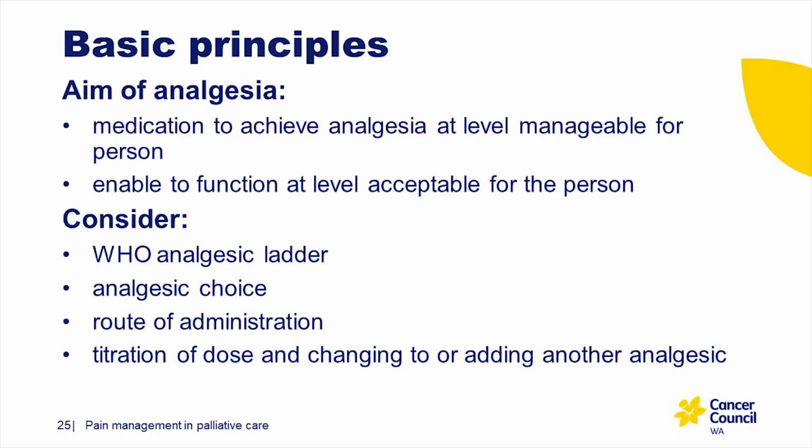So the basic principles of pain management in palliative care are that we want to achieve good analgesia for people as quickly and as simply as possible. It's going to be rare that we're going to be able to completely get rid of anyone's pain, but we need to have the pain to a level that it's manageable, and so that they can have as good a quality of life as is possible without their pain interfering with that.